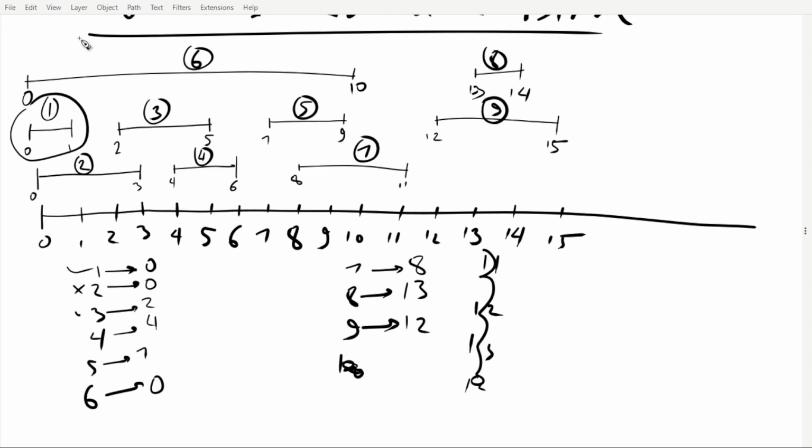So next we take the third interval, its finish time is 5. Intervals with start time less than 5, we simply remove. Next we have 5, with start time 7, we take 5. Its finish time is 9, so remove this 6.